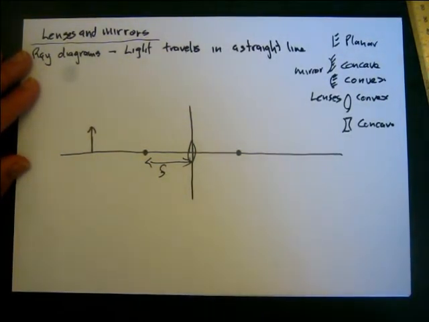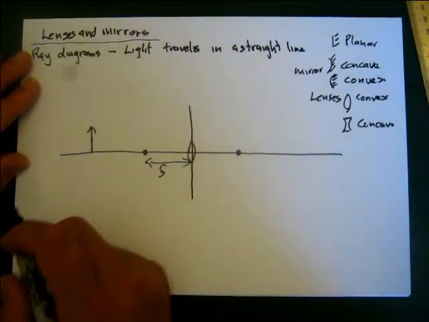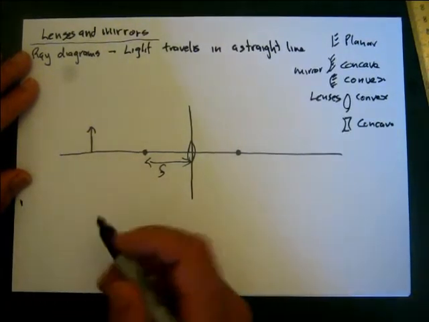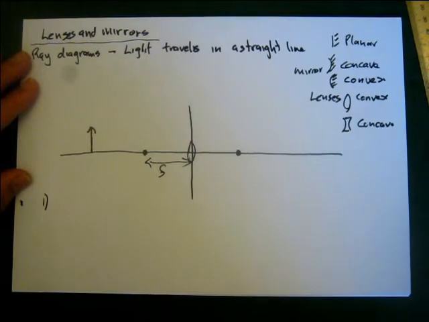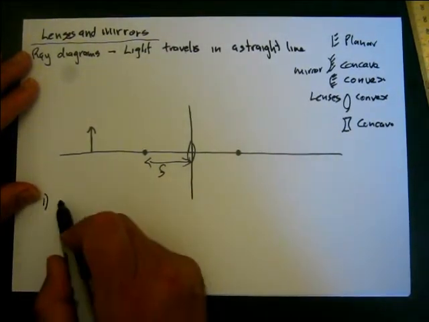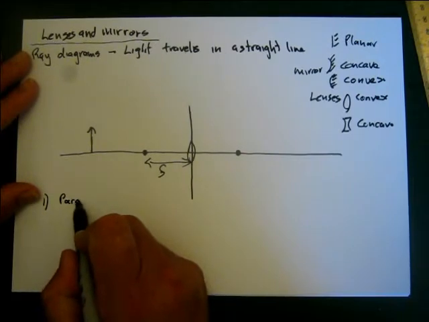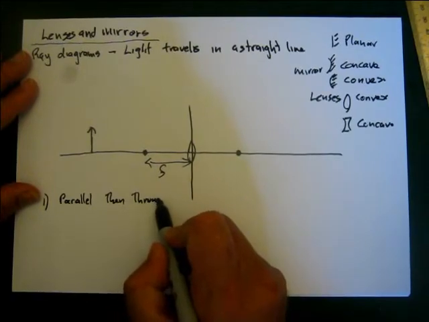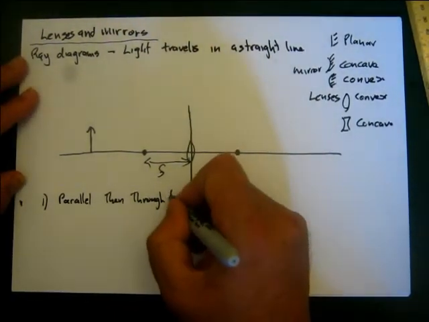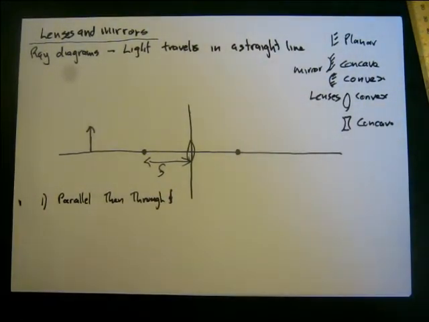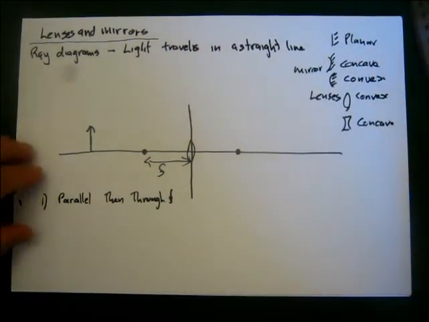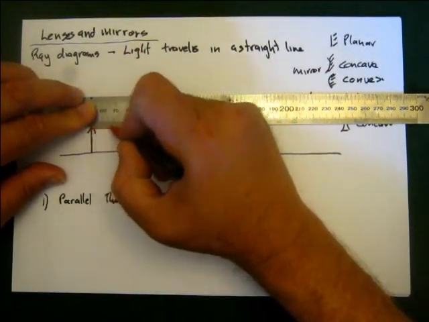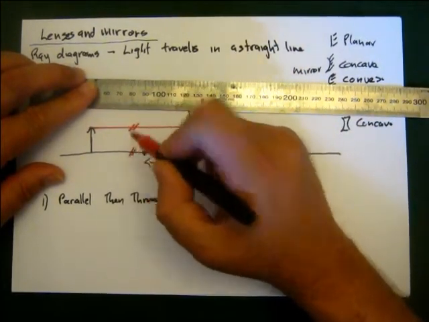So when we're drawing ray diagrams for mirrors, we draw in 2 or 3 lines. The first one is going to be parallel, then through F. What I mean is we grab our ruler and we draw a line parallel to this line.